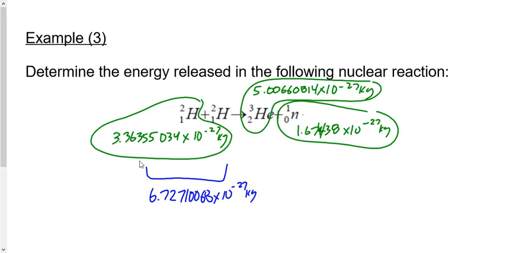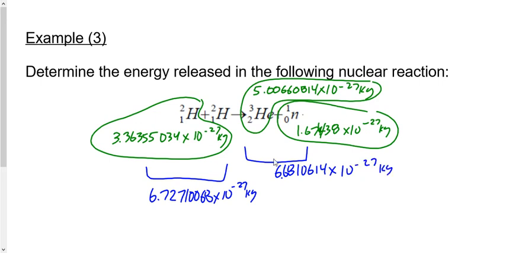On the right-hand side, we add up the mass of a helium nucleus and a neutron. When we add up the helium nucleus and the neutron, we end up getting 6.614 times 10 to the minus 27 kilograms.